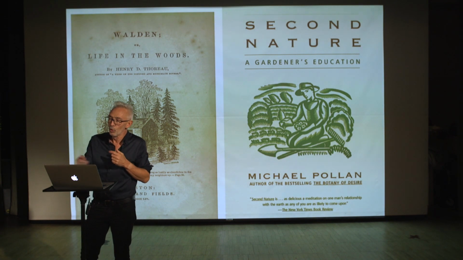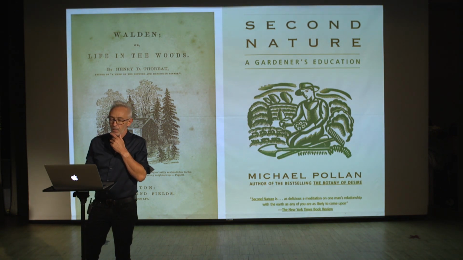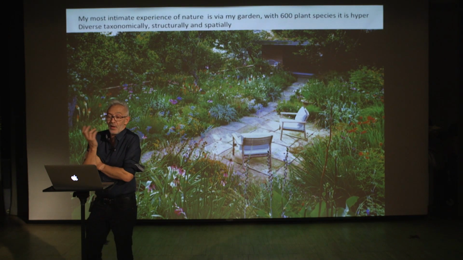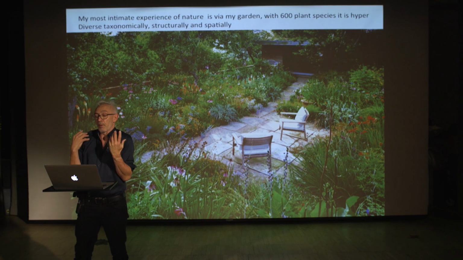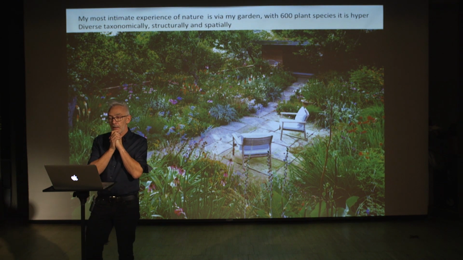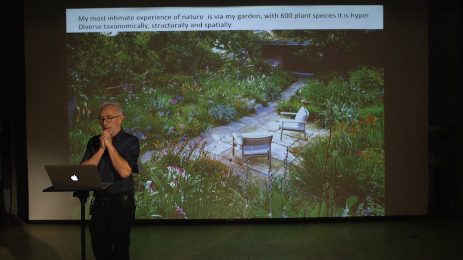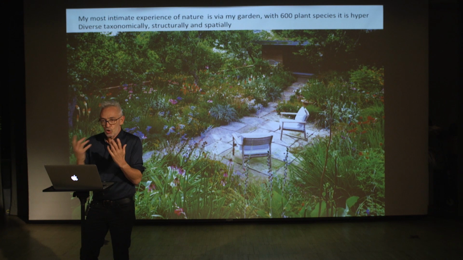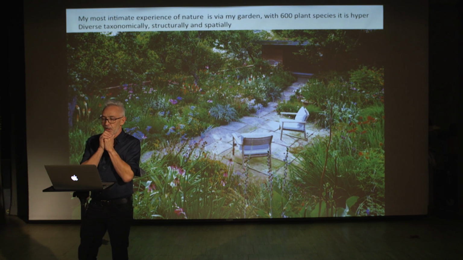But I think you need to be able to move between these ideas effortlessly and fluidly. So my most intimate experiences with nature in terms of hours spent, and that's coming from someone who spends a lot of his time in the wild, as you'll see in a minute, is via my garden. And here's an example of a garden which perhaps meets some of the things that I've been talking about.